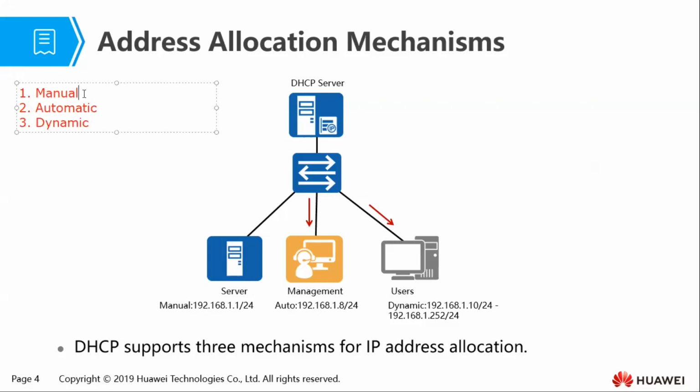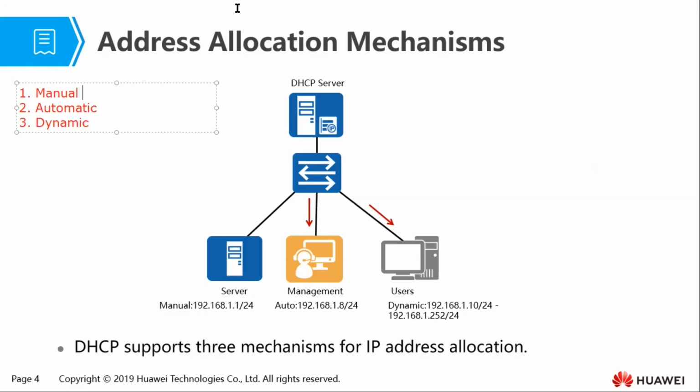Now, in manual configuration, the IP address is assigned to the client by the network administrator, by you. DHCP is only used to handle the assignment of that manually defined address to the client.